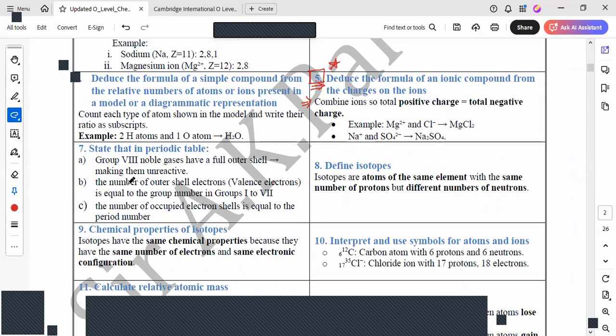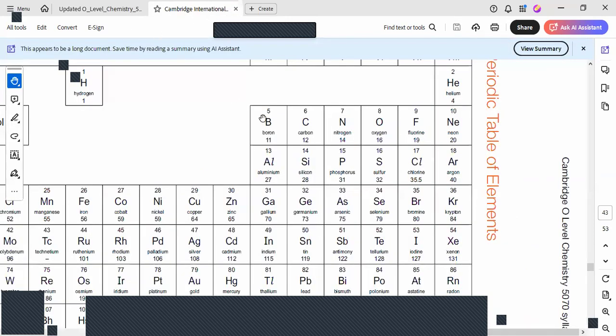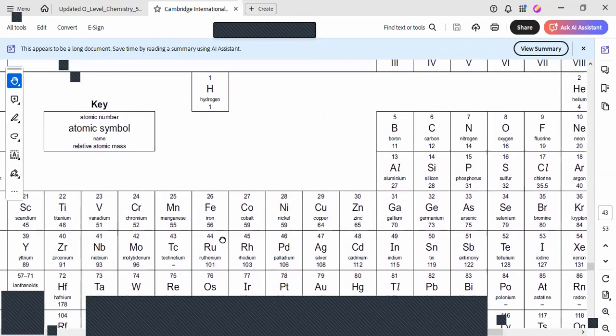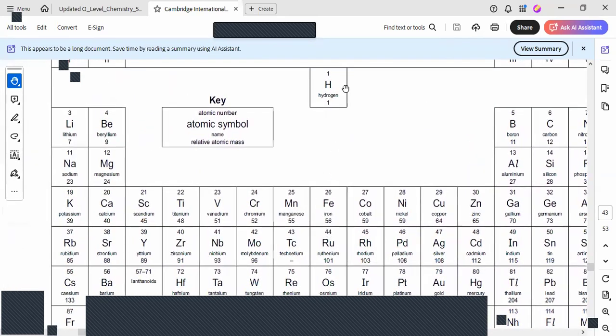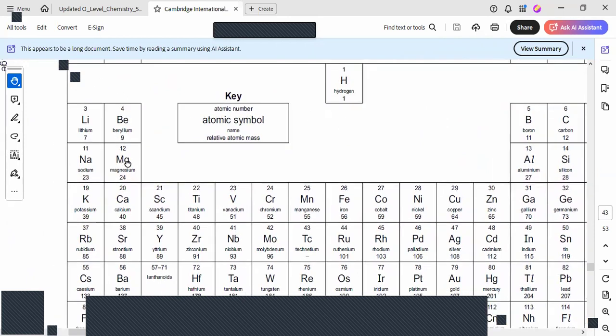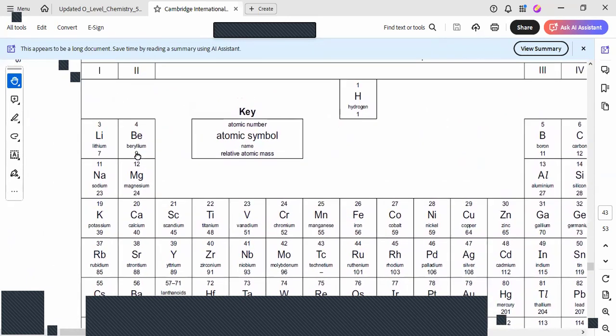Next, the number of outer shell electrons, the valence electrons, is equal to the group number in groups 1 to 7. So whatever the group number is, the valence electrons are the same. For hydrogen it is 1 because it is not part of any group. In some periodic tables it is part of group 1, but it has some different properties from alkali metals, so it is a bit different.